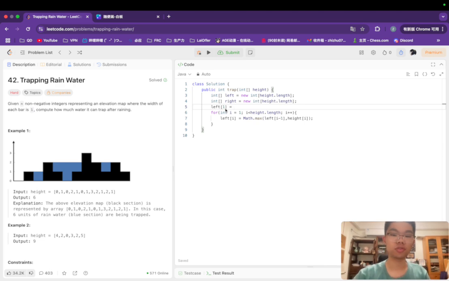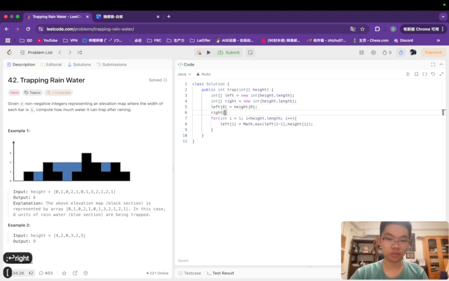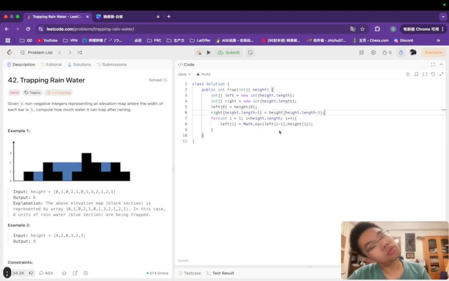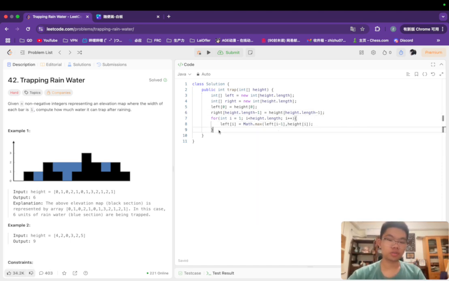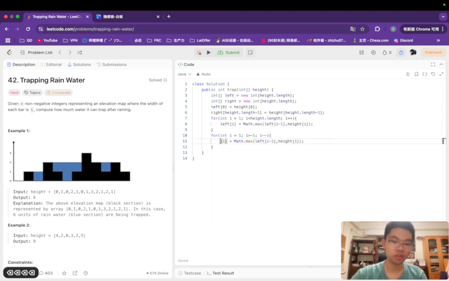So left[0] equals height[0], and right, this is the last element, so right[length-1] equals height[height.length-1]. So far we are in good shape. And the same logic applies to the right array. The only difference is that this time we are going smaller and smaller.